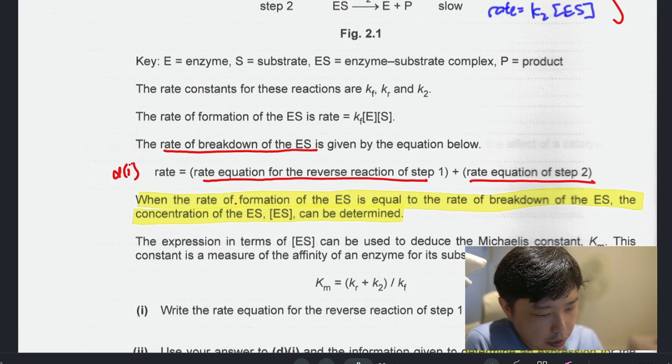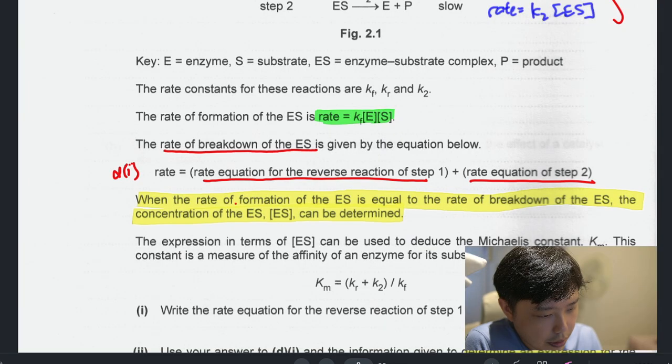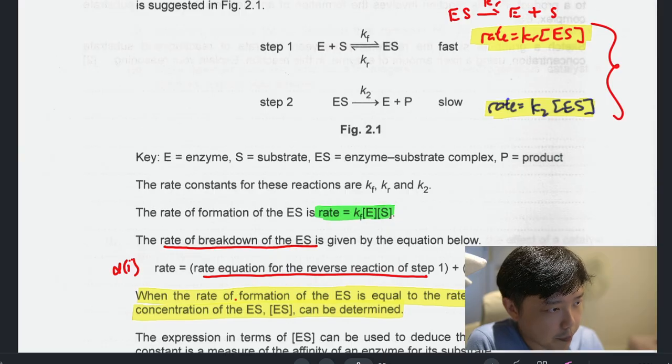Then the rate of formation is given here. We have to equate this with our answers in D part 1. So we just equate these two answers.